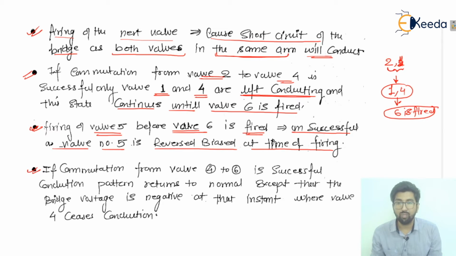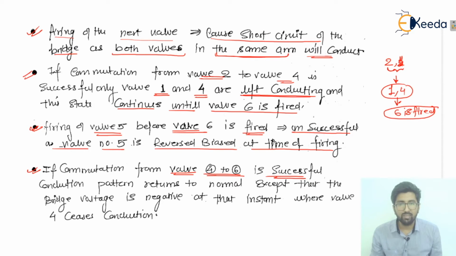Now, if the commutation from valve number 4 to valve number 6 is successful, let us say we have transferred the current Id from valve number 4 to valve number 6, then it is a successful commutation.